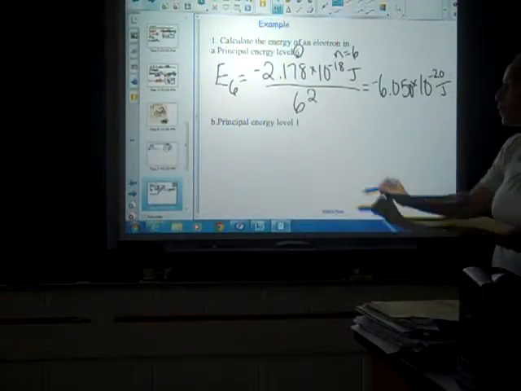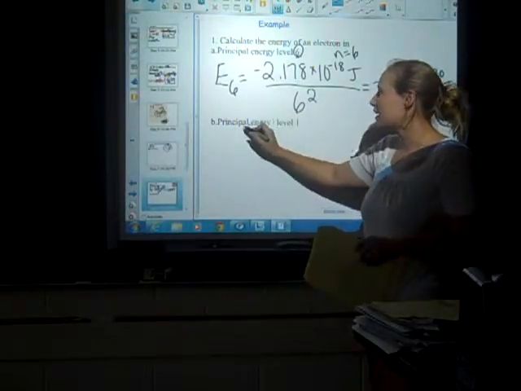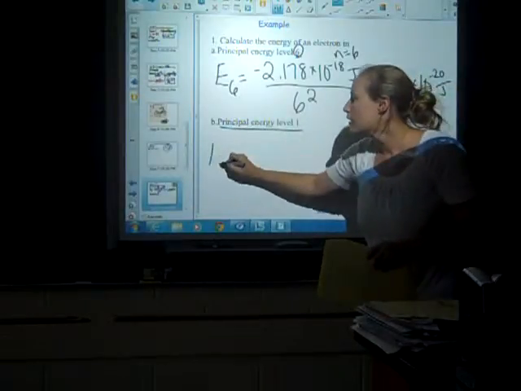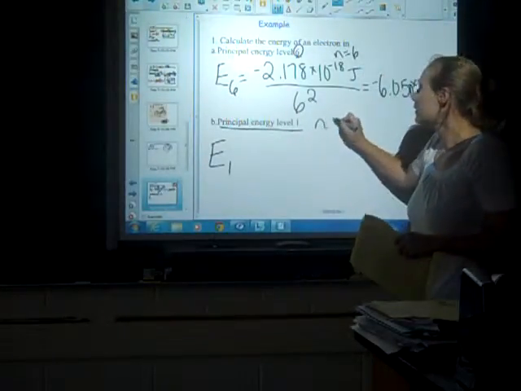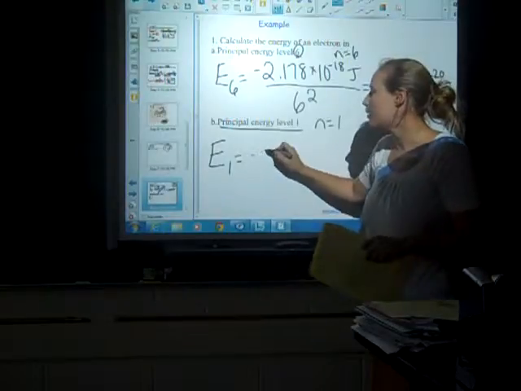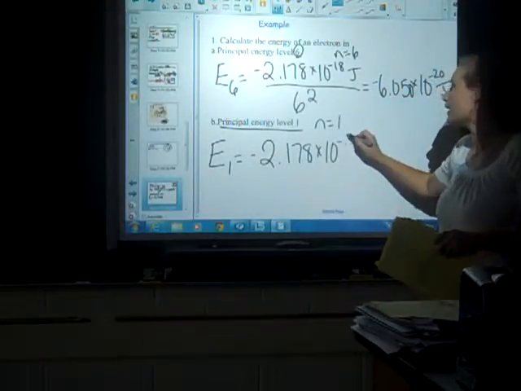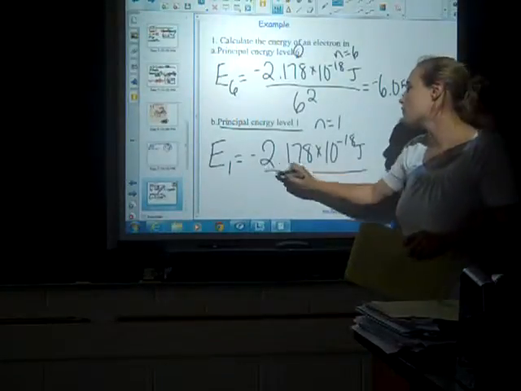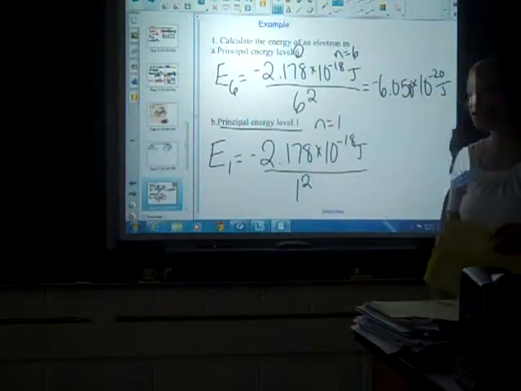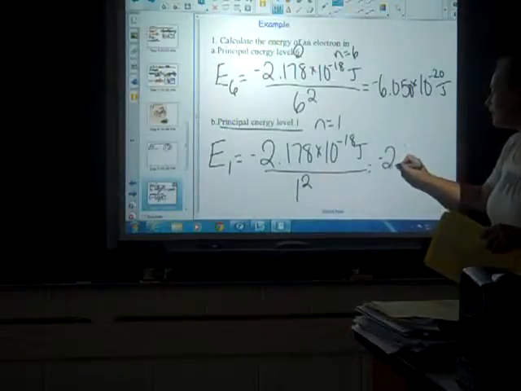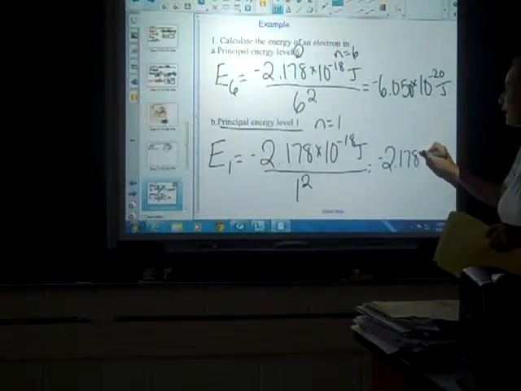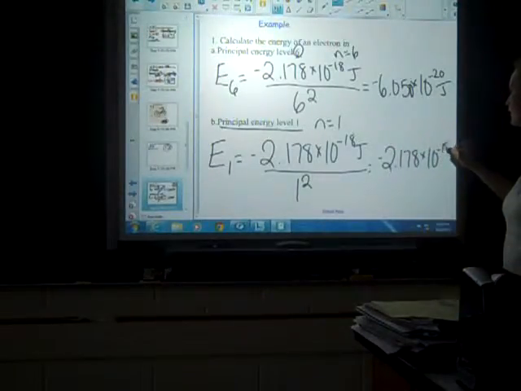Whereas if my electron was in the first principal energy level, now my n is equal to 1. I plug in negative 2.178 times 10 to the negative 18th joules, all over 1 squared, because my n value is 1, and that is going to give me that same value, negative 2.178 times 10 to the negative 18th.